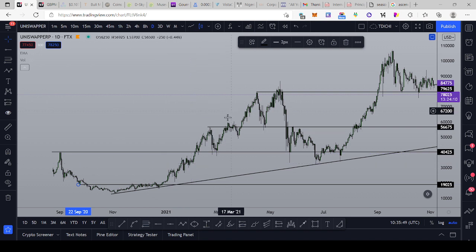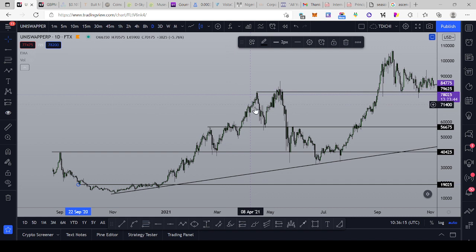We have been on a bullish trend since December last year. In February we had this correction, not little, quite a big correction, and it really showed. And then in late February it bounced up again, and we continued with this uptrend.